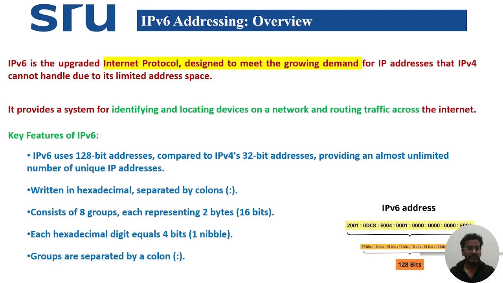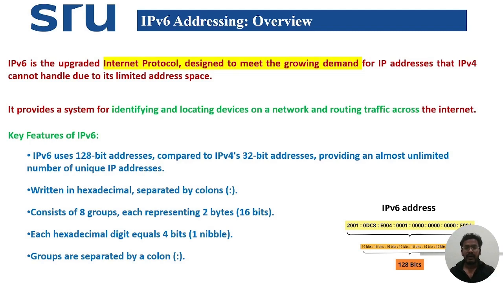Coming to the key features of the IP version 6 model. IP version 6 uses 128-bit addresses, compared to the 32-bit addresses of IP version 4. It is a very high bit count when compared to IP version 4.